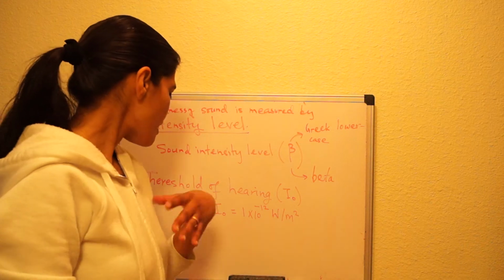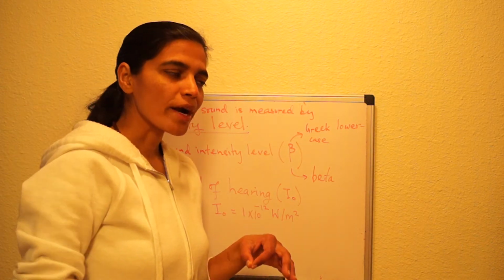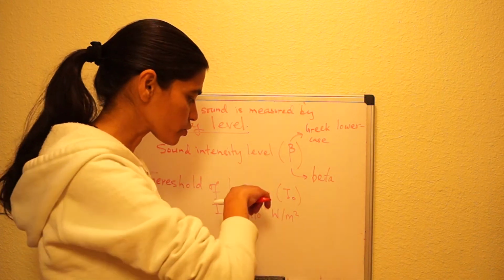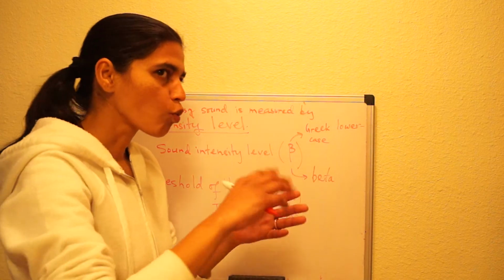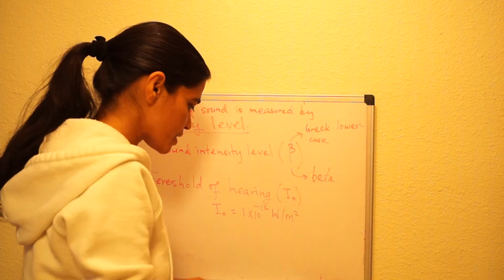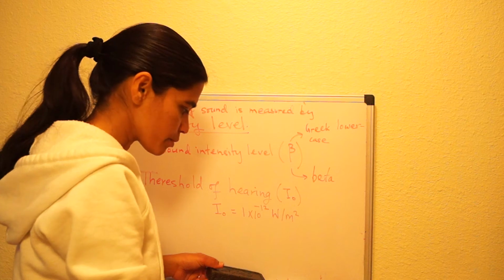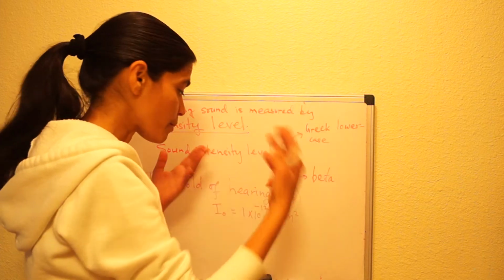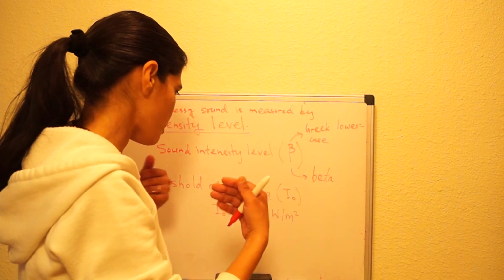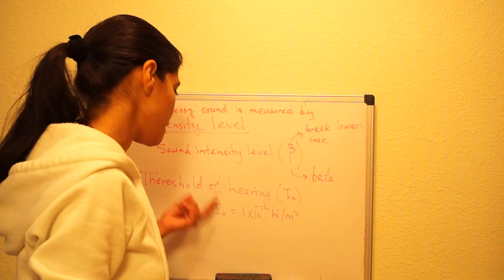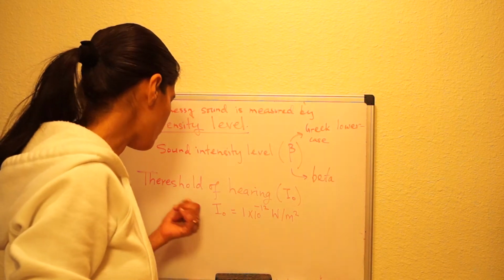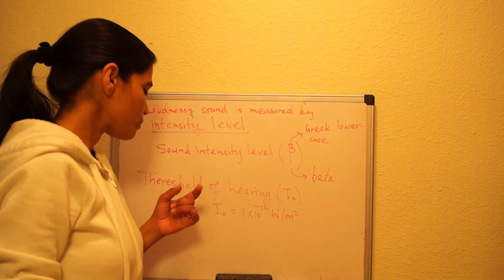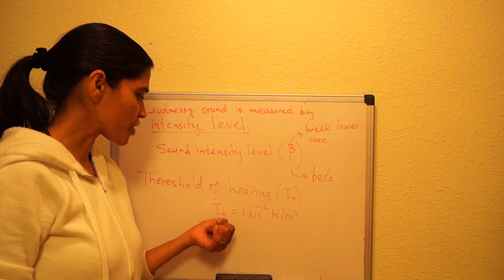Whatever loudness we want to measure, we will make a measurement with respect to this value. It's like if you want to measure a distance, you need the zero level, and then you can talk about 1 meter, 2 meter, 3 meter, right? Same idea. In terms of sound intensity, we need a reference intensity, and that's called threshold of hearing, okay?